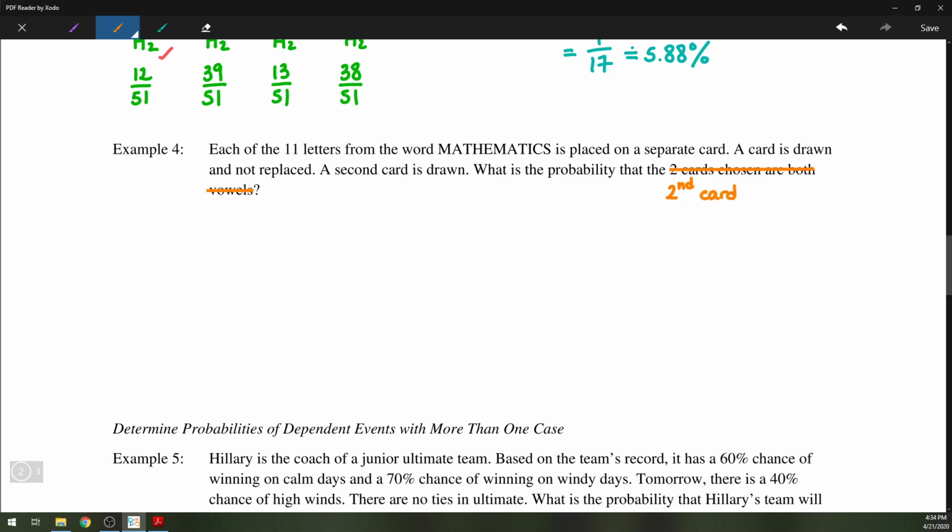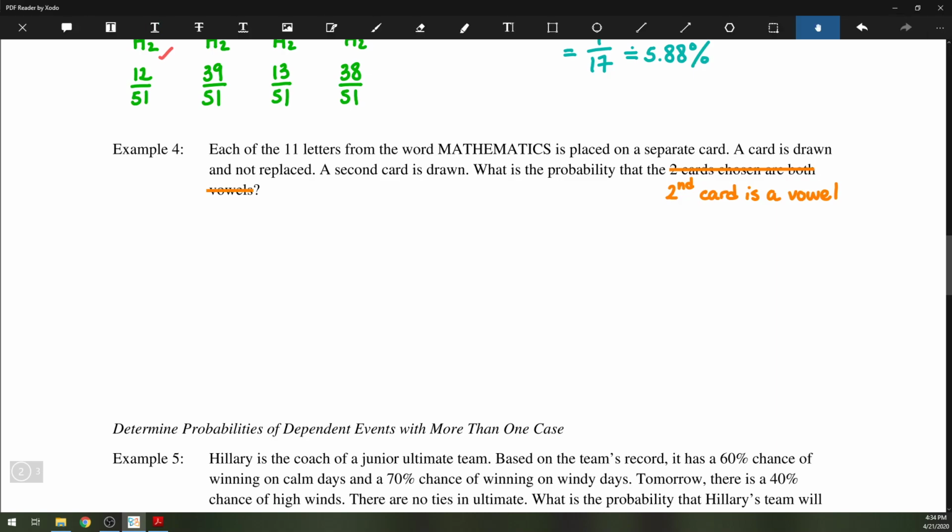And then we'll read the question and see what this is talking about. It says each of the 11 letters from the word mathematics is placed on a separate card. A card is drawn and not replaced, and then you draw a second card. What's the probability that the second card is a vowel?